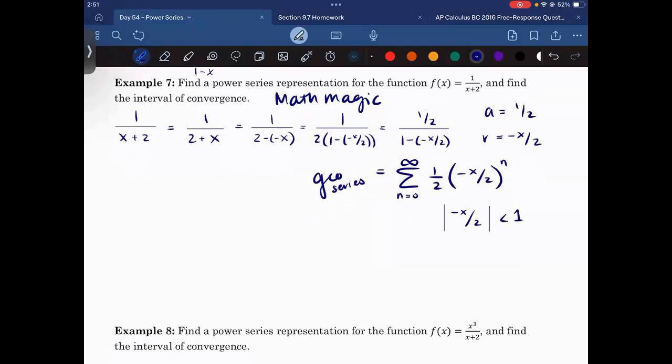Then multiply both sides by 2 and take the absolute value, right? Because it's not going to be a -x anymore. It's going to be a positive x. But we're going to have x is plus or minus 2. So it's going to be -2 to 2 for my interval.